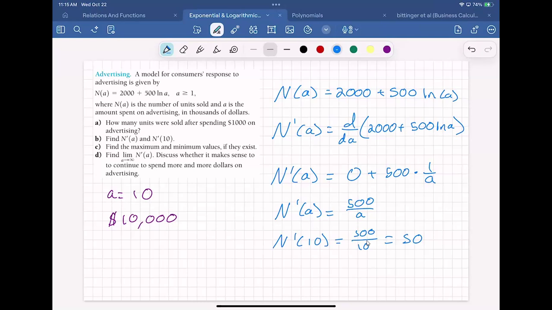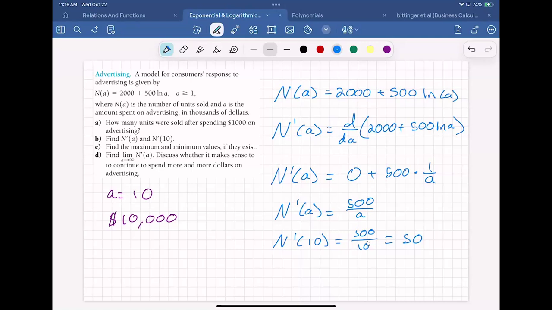Other things we're going to look at too, moving forward as we deal with the different applications, we're going to get to words like marginal, right? So we're saying like, hey, if I look at this from the perspective of I'm spending 10,000 on advertising, what would happen if I spend 11,000 on advertising? It's going to increase, and we can expect that it might be about 50 more.